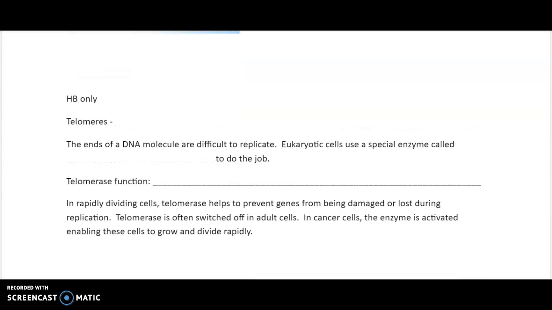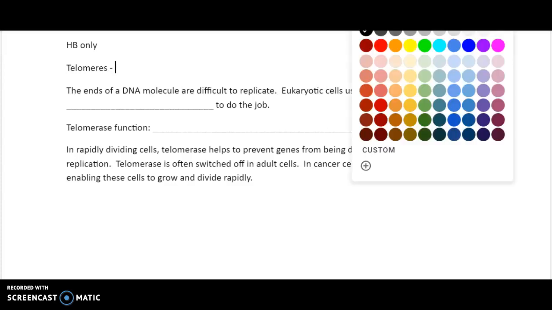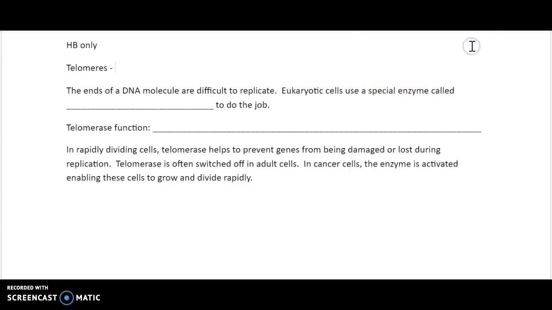So telomeres. Telomeres are the ends of the DNA. And sometimes they're kind of complicated. They have a lot of repeats in there. So the telomeres are the ends of the DNA strands, where there are lots of repeats.